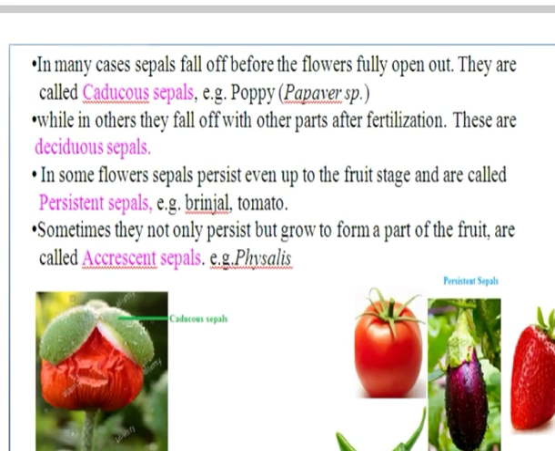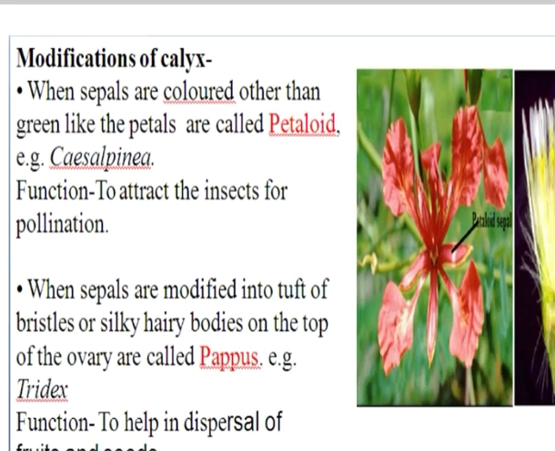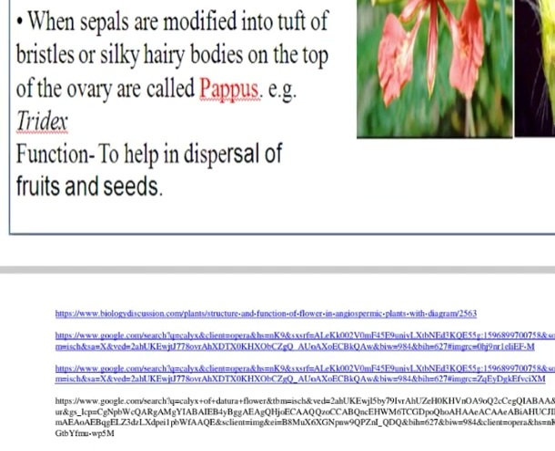Sepals may be caducous, deciduous, persistent, or accrescent, and they show some modifications. Sometimes sepals are colored other than green. They are called petaloid, and sometimes the sepals are modified into tufts of bristles. They are called the pappus.